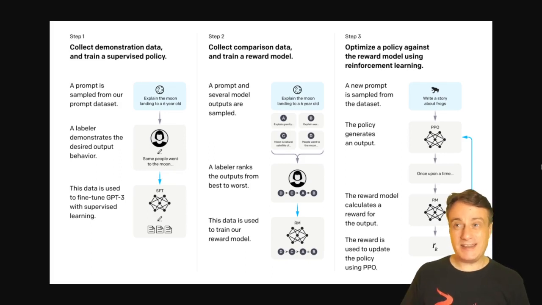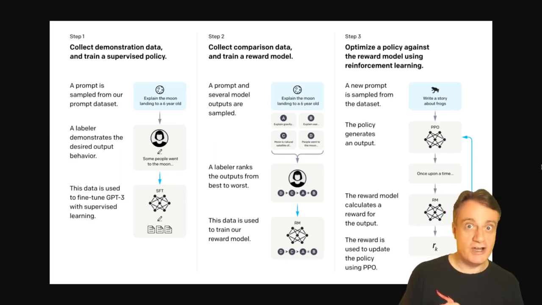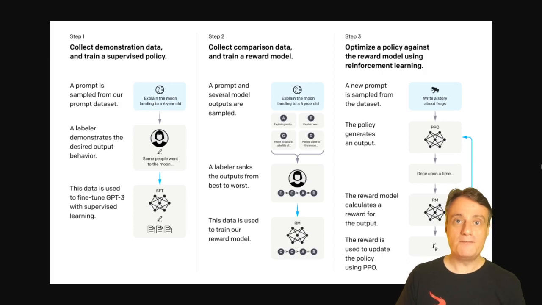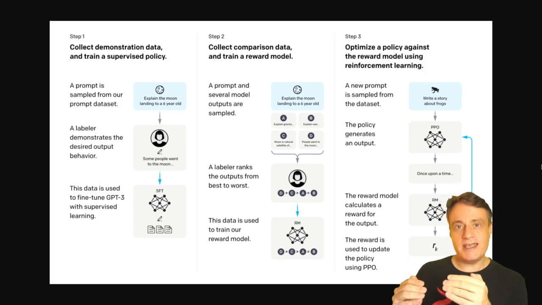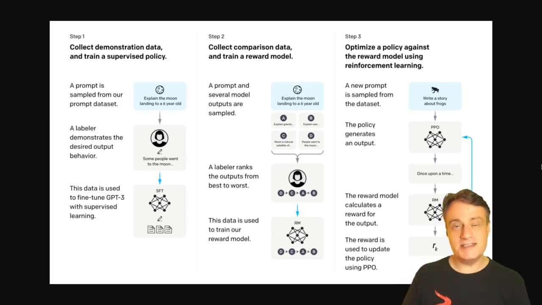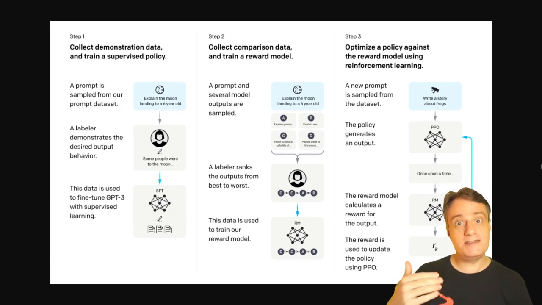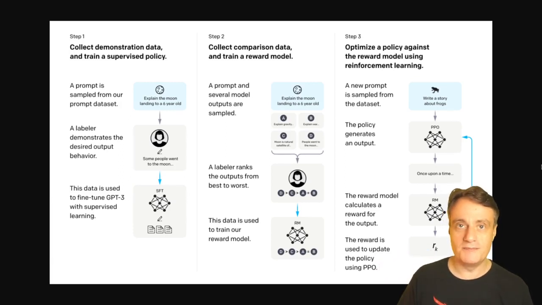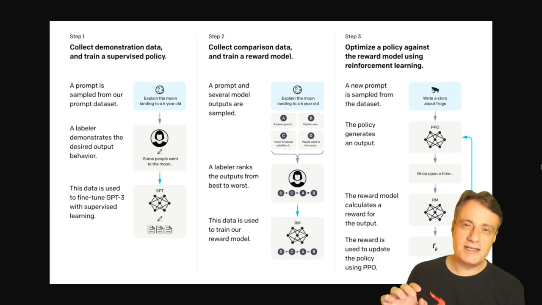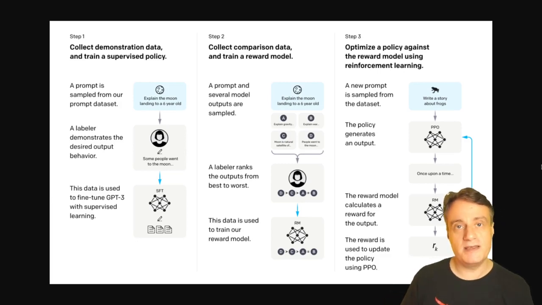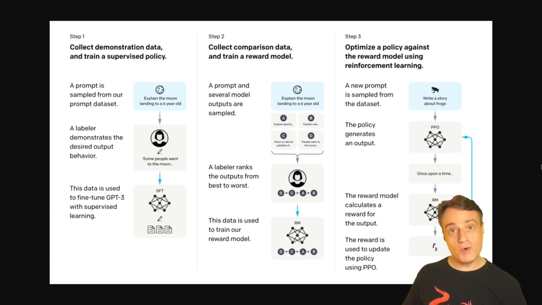Now, we don't at this point know exactly whether it's going to get the right answer, but what we can do is get a human to label which of these answers is not just right or wrong, but in what order we should put these answers, or maybe there's an actual better answer it should have come up with. This is the human feedback aspect, labelling which of these answers are good and which are bad. We then use this as the last step to train what's called a reward model.